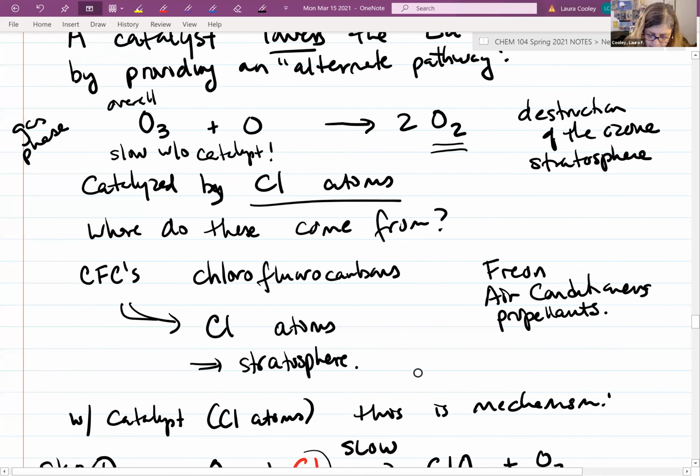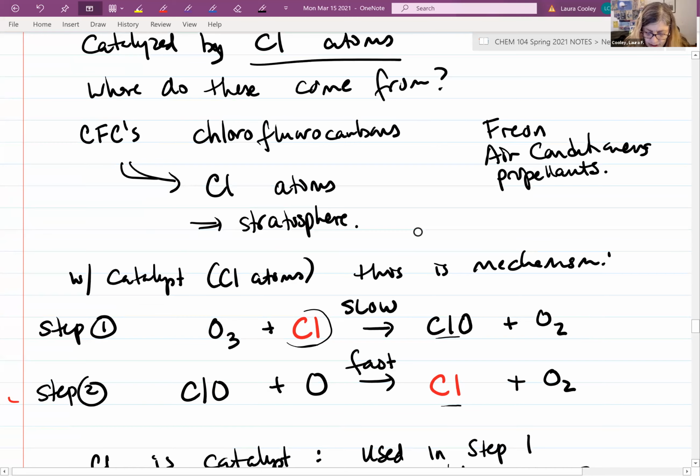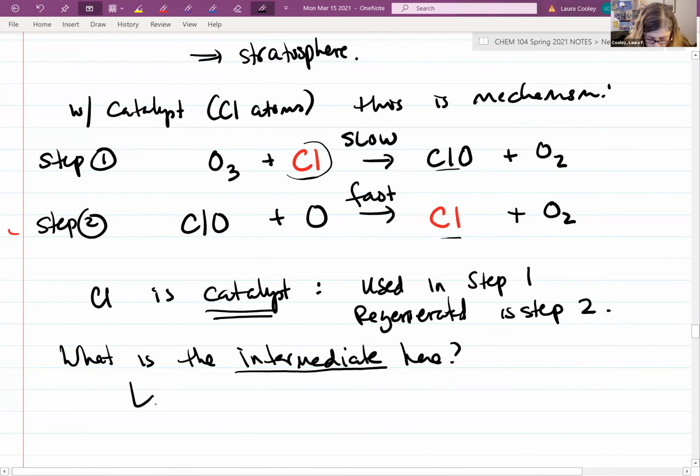When you're looking for an intermediate, you need to look for something that forms in one step and is used up in a later step.